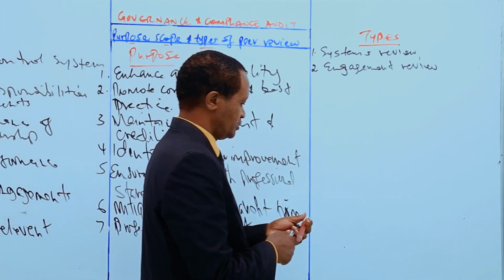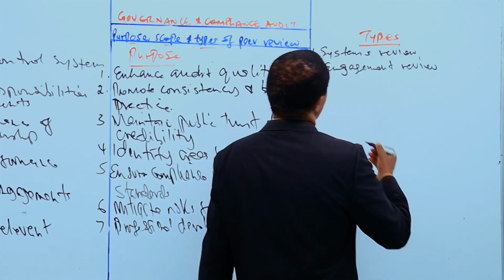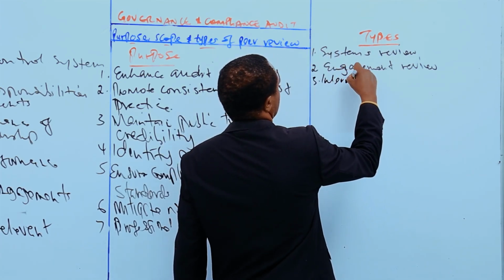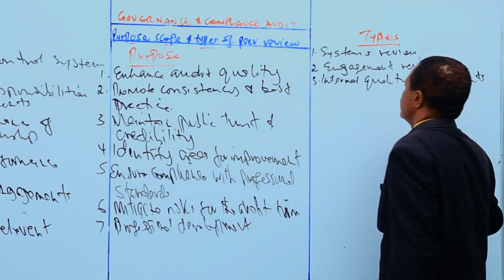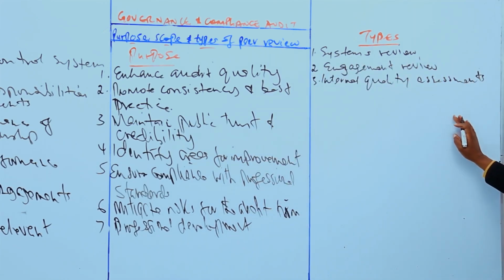Number three, internal quality assessments, or what we call self-assessments with independent validation. These are often conducted by internal audit functions.